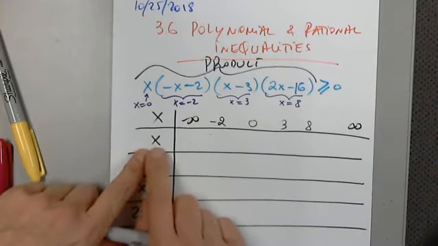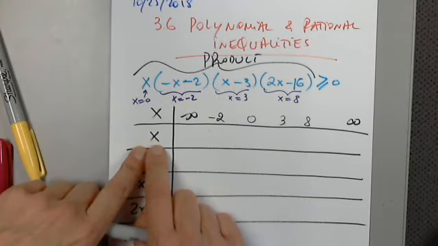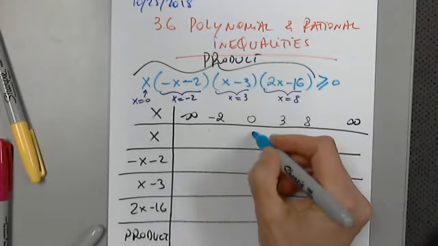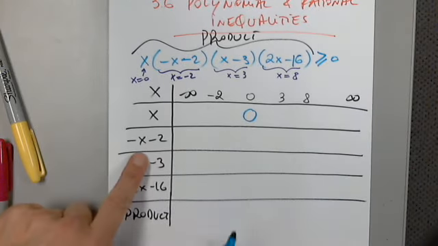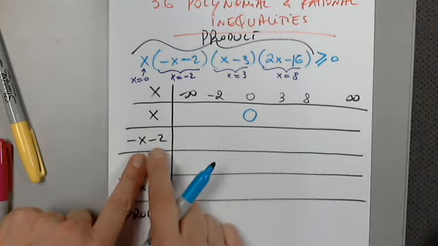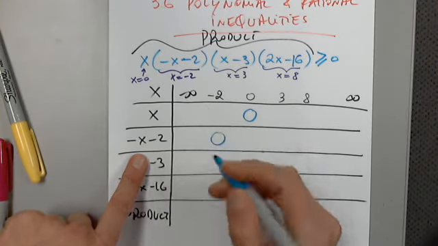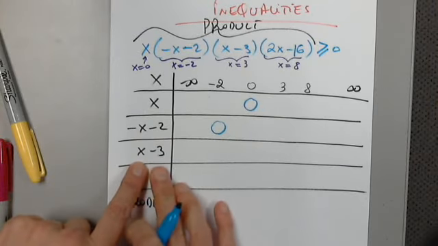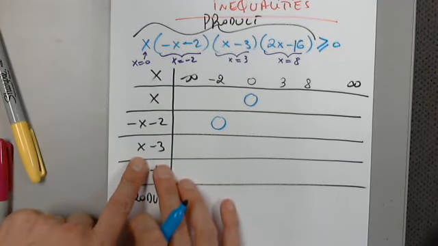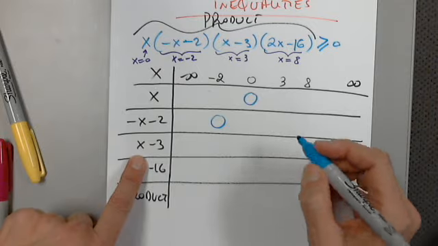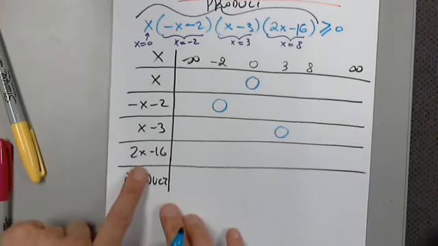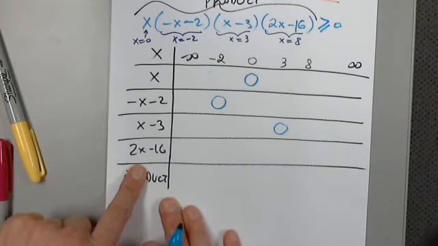Where do I write the 0 for x? Under 0, of course. Where will I write a 0 for negative x minus 2? Under negative 2, of course. Where will I write the 0 corresponding to x minus 3? Is that clear? Yes? Perfect. And where will I write the 0 for 2x minus 16? Of course. Thank you very much.